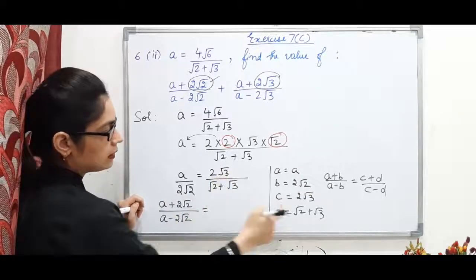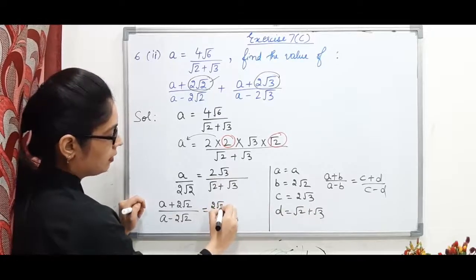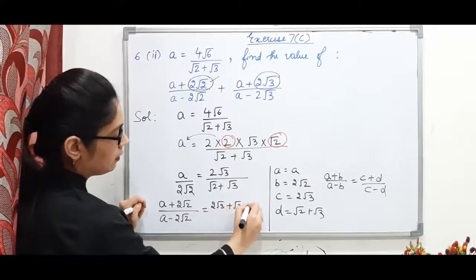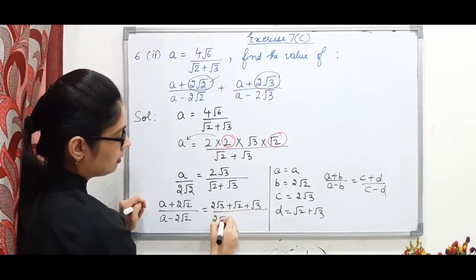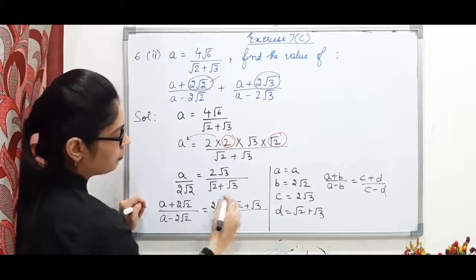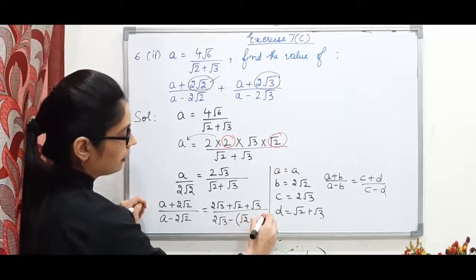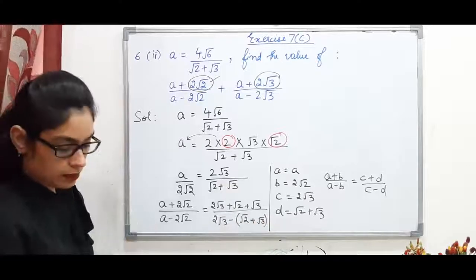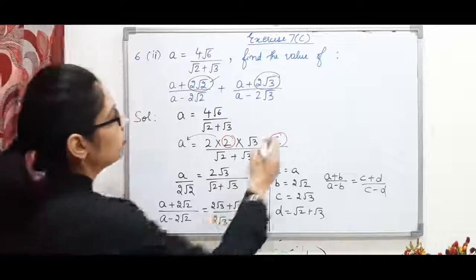Same now, c is this and d is this. C plus d and c, 2 root 3 minus. See, when you are writing minus, just write this in brackets, because two expressions are there in minus, we have to change the sign. So that is why we will always write in brackets.